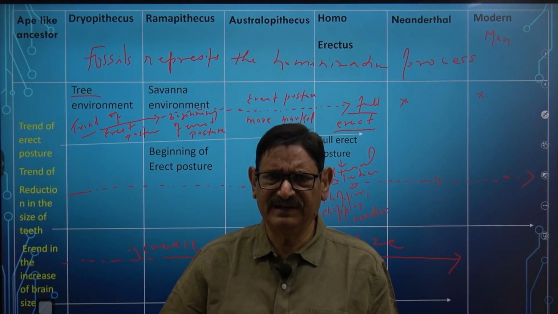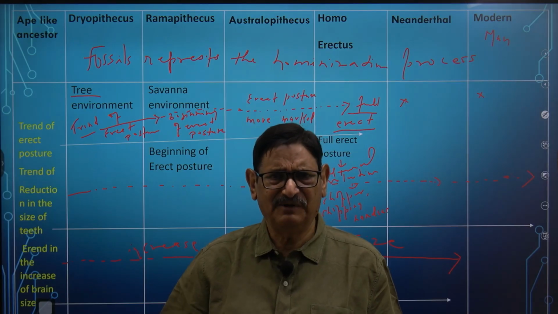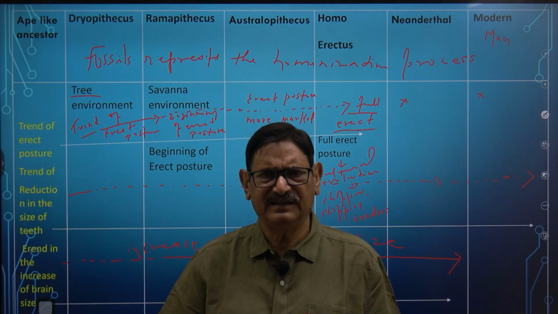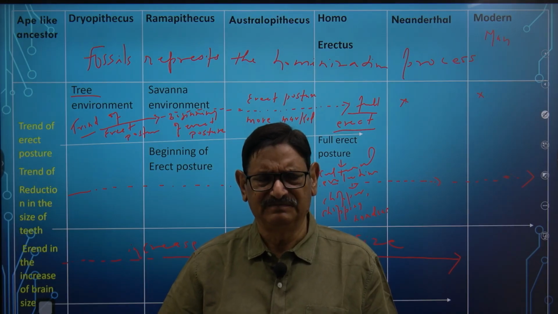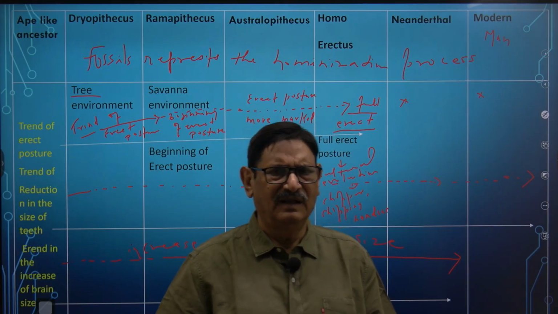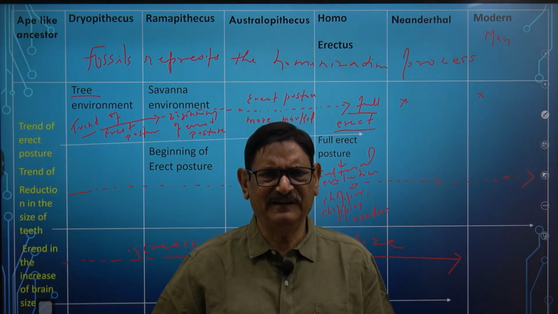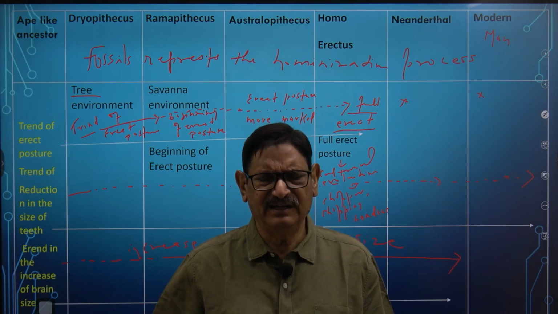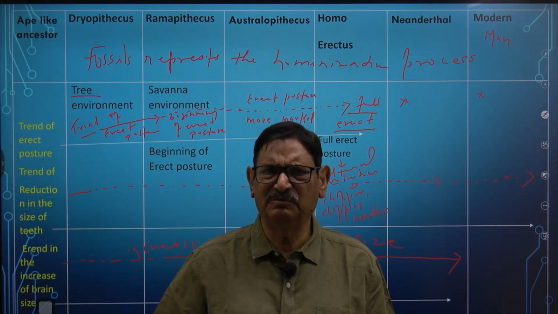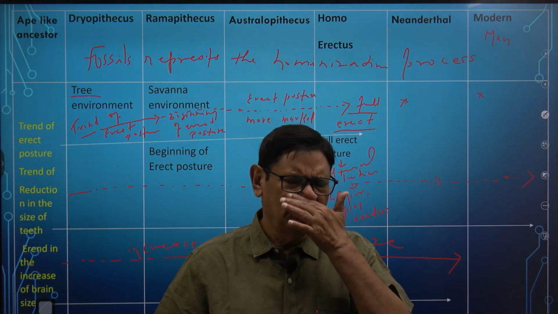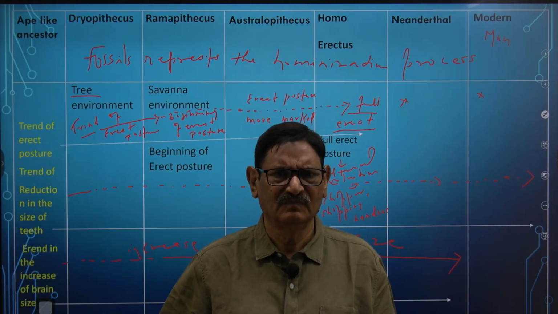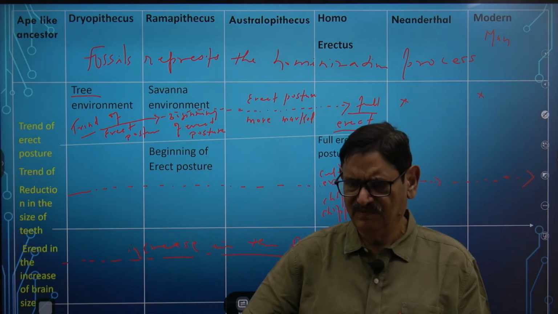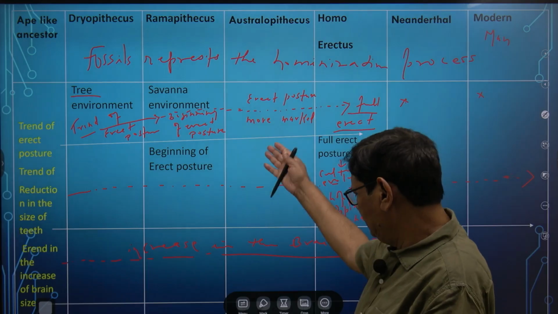The size of Homo erectus brain was smaller; average capacity is 1050, and in modern man the average brain size is 1350. So the brain size of modern man is larger than that of Homo erectus. That question can be answered from this diagram.